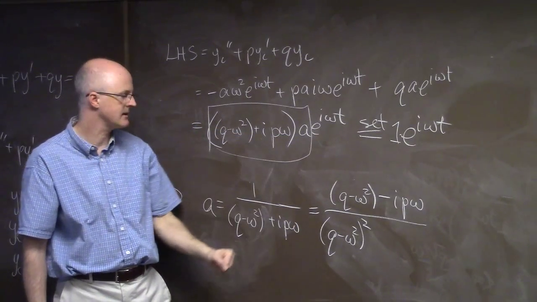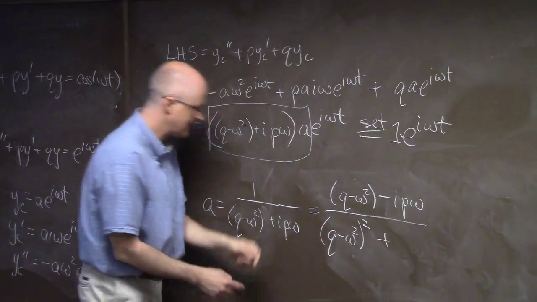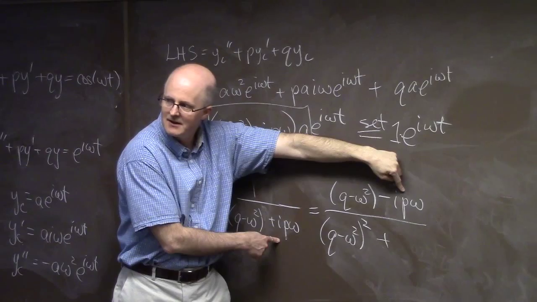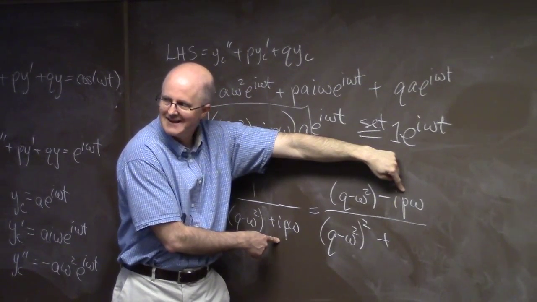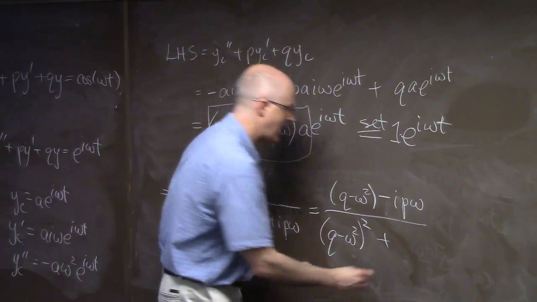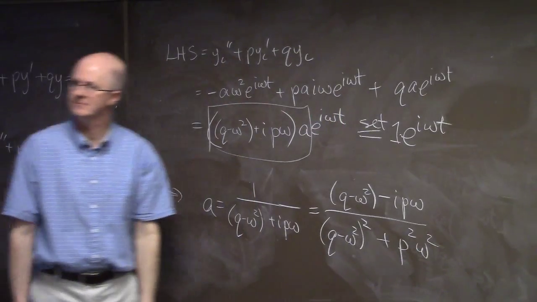That's the benefit of doing this. I also get last times last, i p omega times negative i p omega, giving you negative i squared p squared omega squared. Negative i squared is positive 1. Not only do you get a real number, you get a non-negative real number here.